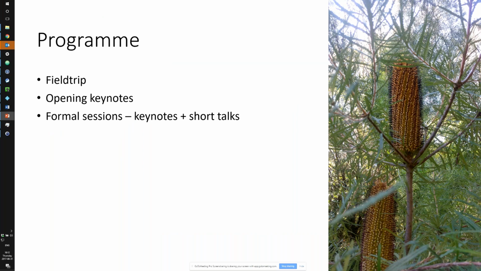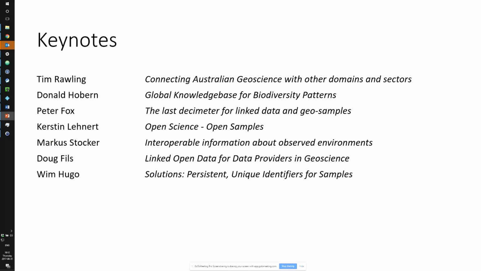There were some keynotes, formal sessions, as you would expect, comprised of keynotes and short talks. The keynotes, Tim Rawling from Ozscope, Donald Hoburn from GBIF, Peter Fox from ESIP and RPI, Kirsten, who I think probably you all know, on Open Science, Open Samples, Marcus Stocker from Marum, Doug Phils from Ocean Leadership, and Wim Hugo from the South African Ecosystems Observation Network, SEON.